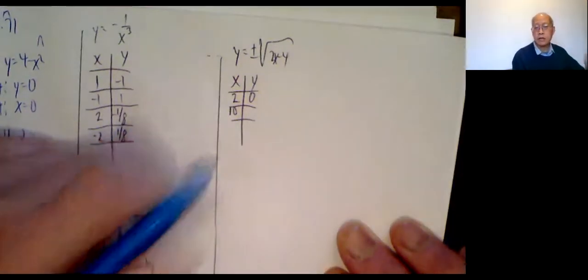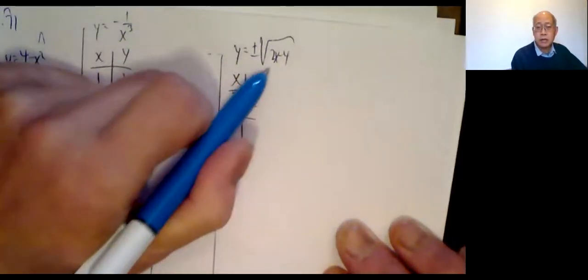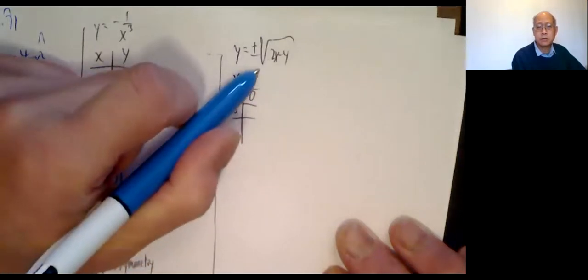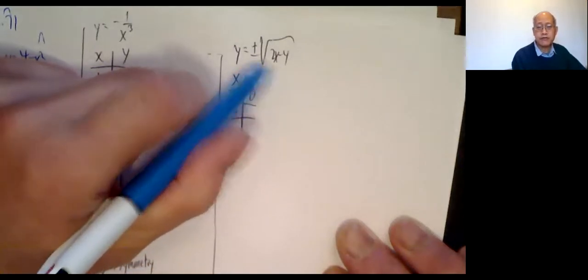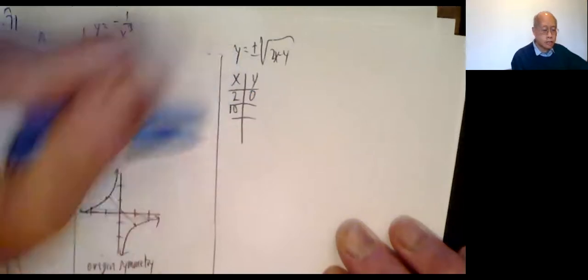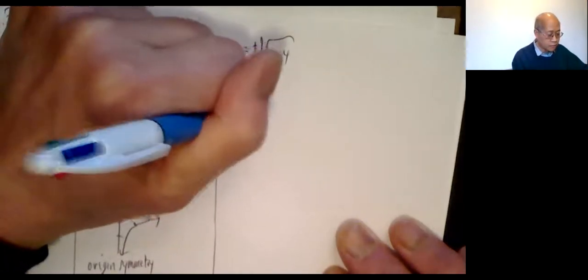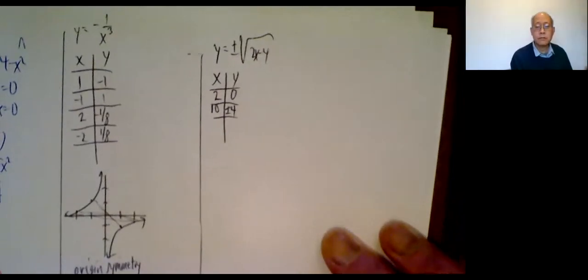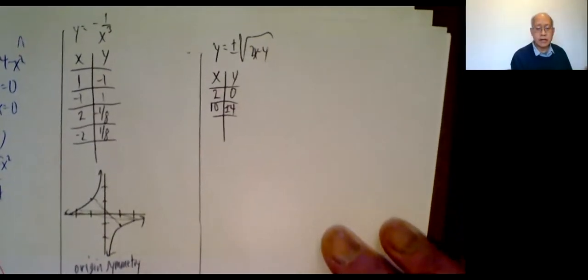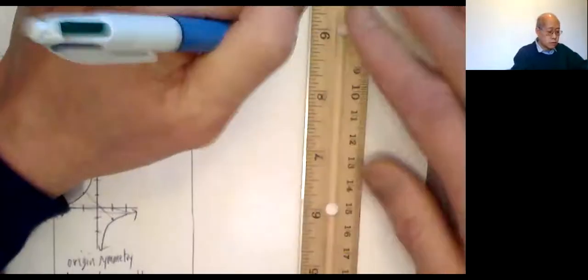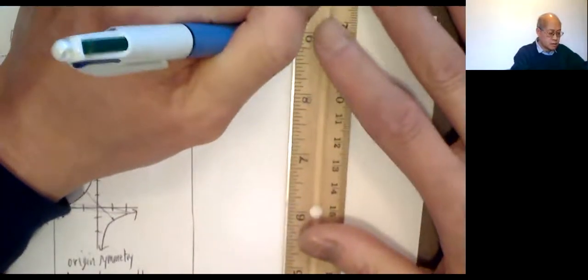Why pick 10? Because I think it comes out nice. 2 times 10? 20. 20 minus 4, 16. Square root of 16 is 4. I really have plus or minus 4. That's really all I need. So let me show you a real quick graph of this.